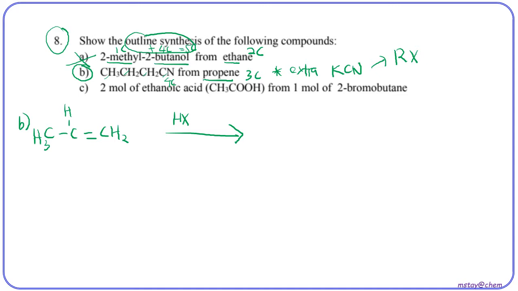However, at the same time, we notice that if we use HX only, the haloalkane produced will be CH3CHXCH3, because we want to produce the haloalkane based on the Markovnikov rule.